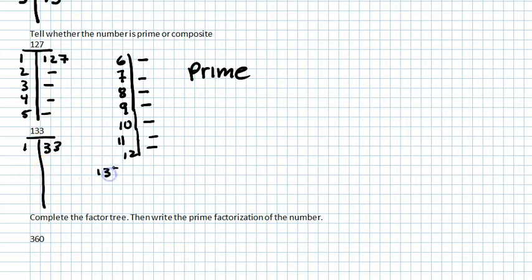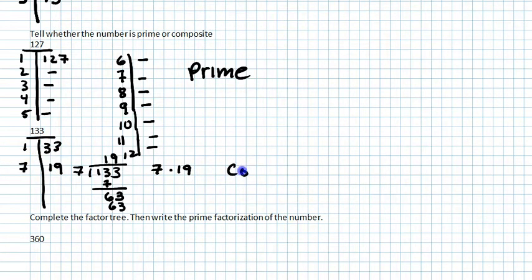So if I have 133 divided by 7, 7 goes into here once. I get 63. Okay, it goes into there 9 times, 63. So 7 times 19. That means it has more than 1 and itself as factors, so this number is composite.